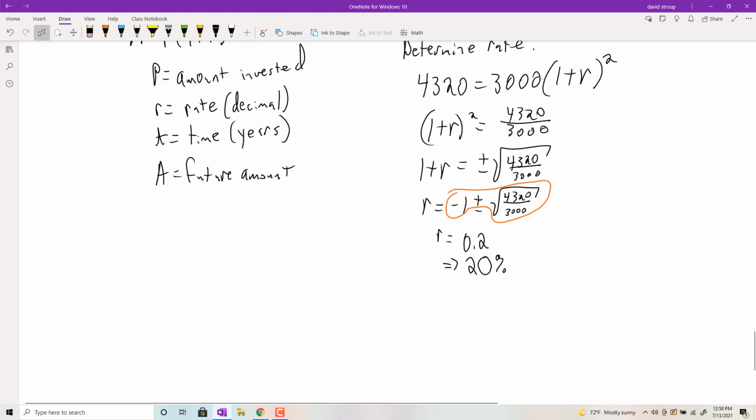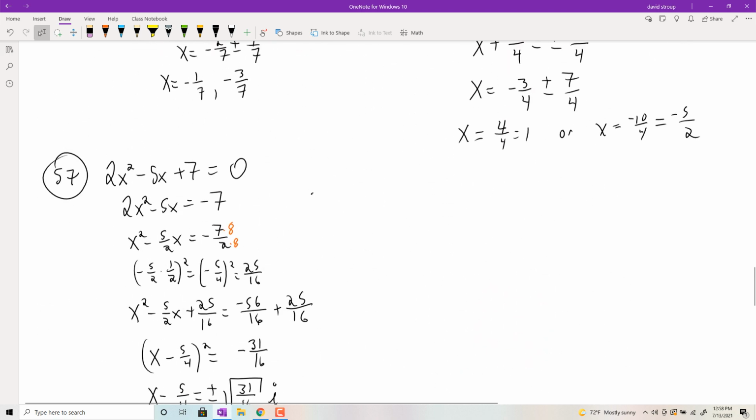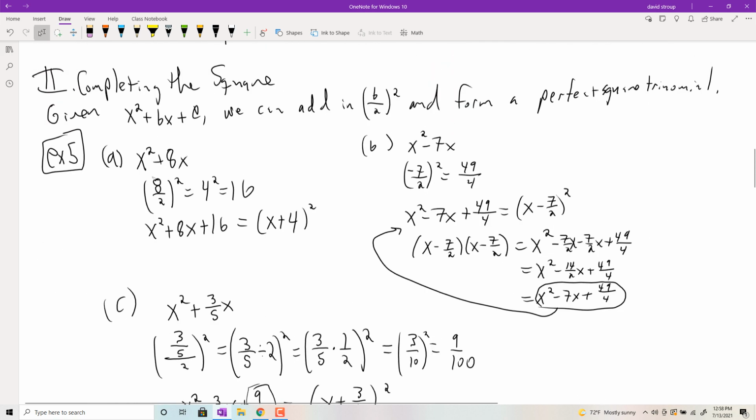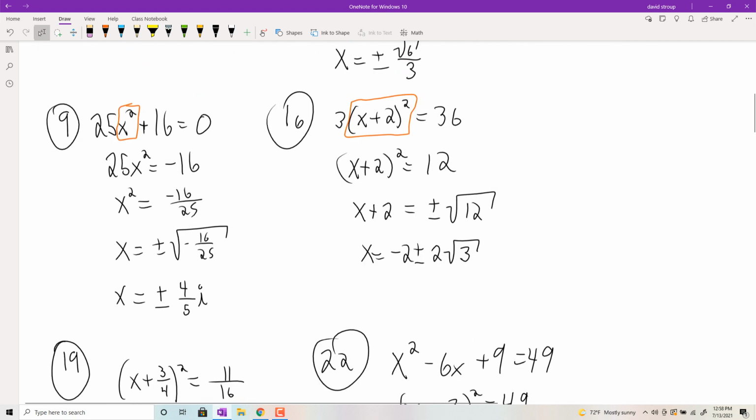Another application is the Pythagorean theorem that I kind of talked about a bit earlier. And in all these answers, they always want the positive answer. And I think that's why people screw up the plus or minus thing. They always forget to put the plus or minus when you're using the square root property.